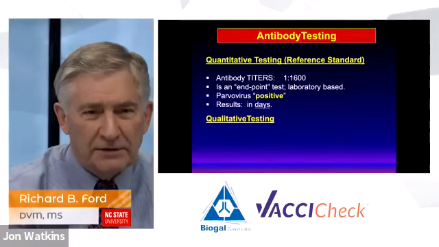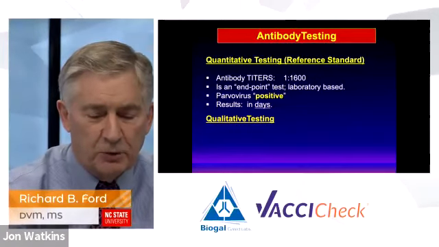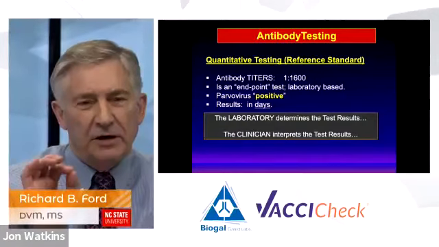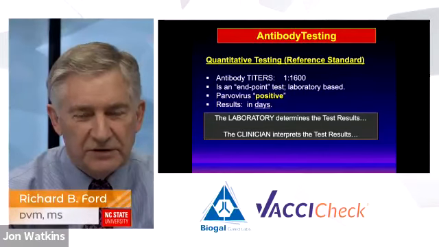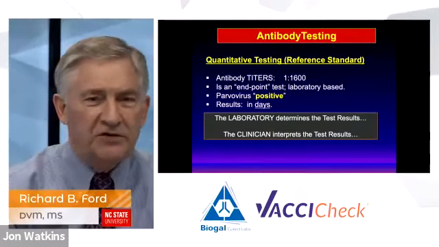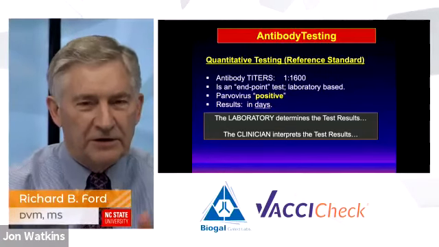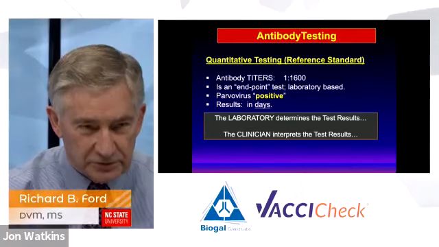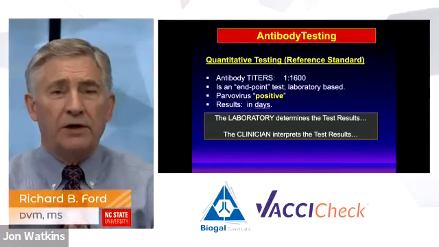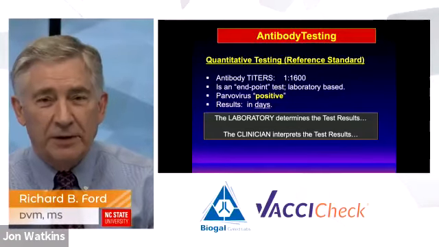But I want to make something very clear to everybody watching, and that is the laboratory determines the test results. 1 to 1600 positive for parvo. It's the clinician that has to interpret those results. And this is a critical point that you must leave this webinar with.